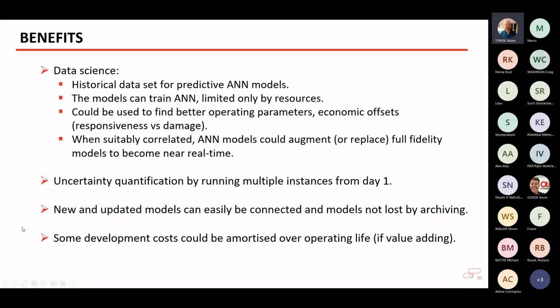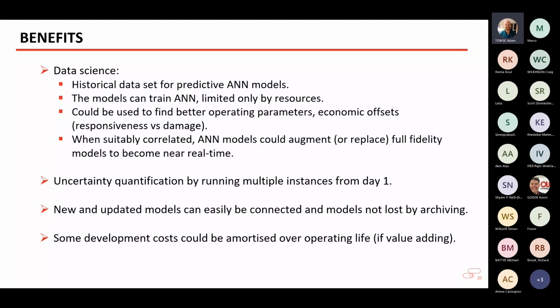The final point is more on economics. Let's say you had these models that essentially gave you a self-diagnosing plant, and in extreme cases a self-safety-case-writing plant. If the operator decides that's going to be really good for them to extend their life, they may decide to pay a bit more to the designers of the plant to have that.